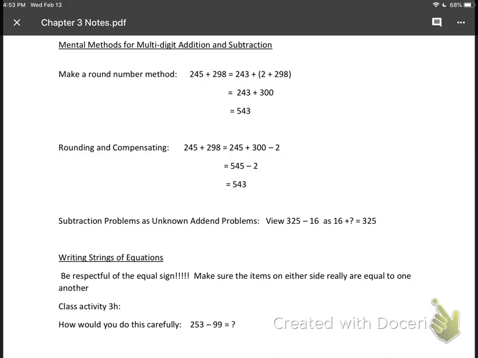I know that's equivalent to taking 2 away from 245 to get 243, and adding that 2 to the 298 to make that 300. It makes my adding go a lot quicker. So that's one method. Rounding and compensating is very similar. Again, make sure that what you have on the left side is indeed equal to the right side and line them all up. The textbook tends to take this and say equals and then 543.